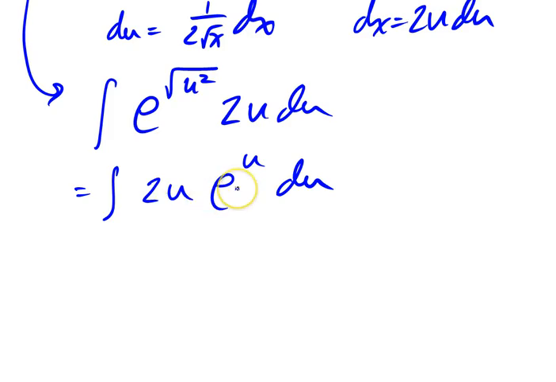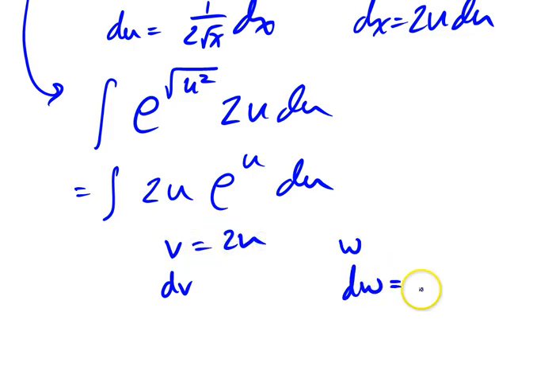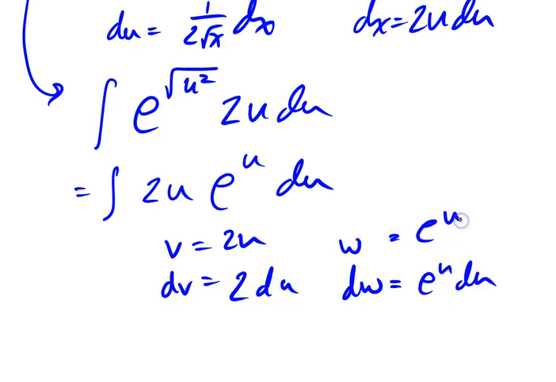And since I already got a u in there, I'm going to do v and dv, w and dw. I'm going to start with v and dw. So I'll start with the 2u right here, and I'll start with the e to the u du right there. So this is 2 du, and integrate this to get e to the u.